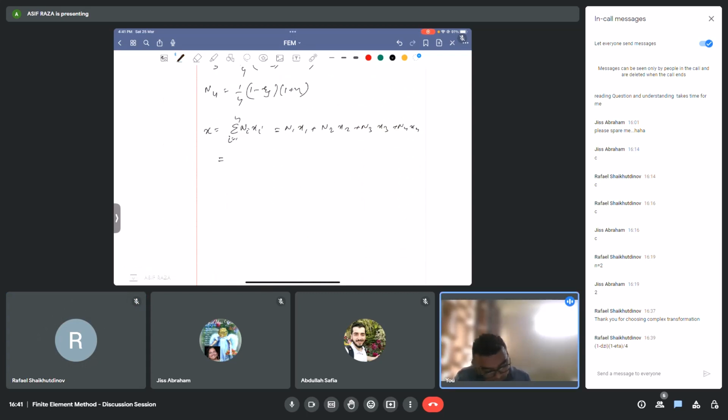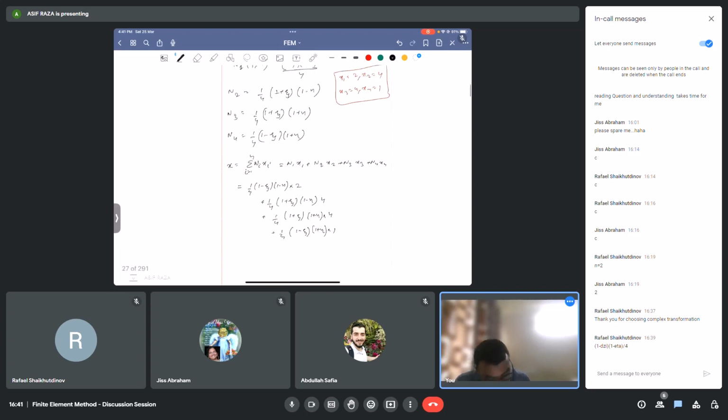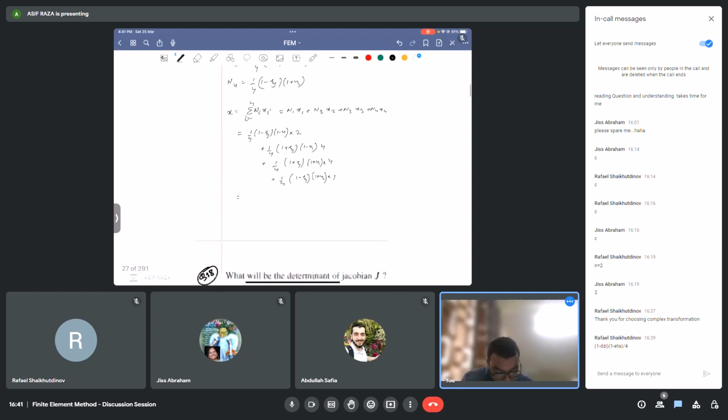So this will be equal to 1 upon 4, 1 minus xi, 1 minus eta times 2, plus 1 upon 4, 1 plus xi, 1 minus eta times x2, which is 4, plus 1 upon 4, 1 plus xi, 1 plus eta times 4, plus 1 upon 4, 1 minus xi, 1 plus eta times 1. Let's simplify this.